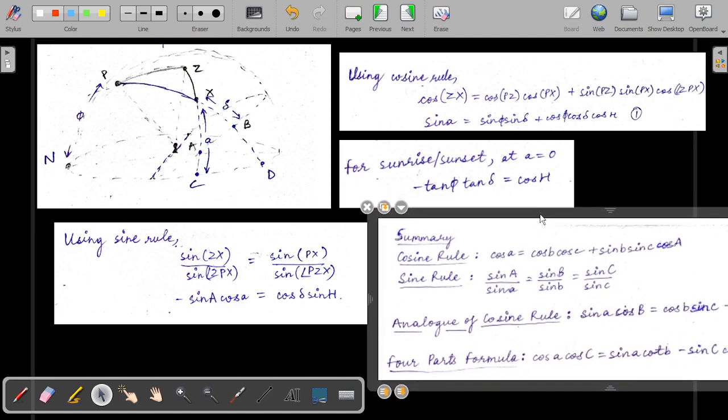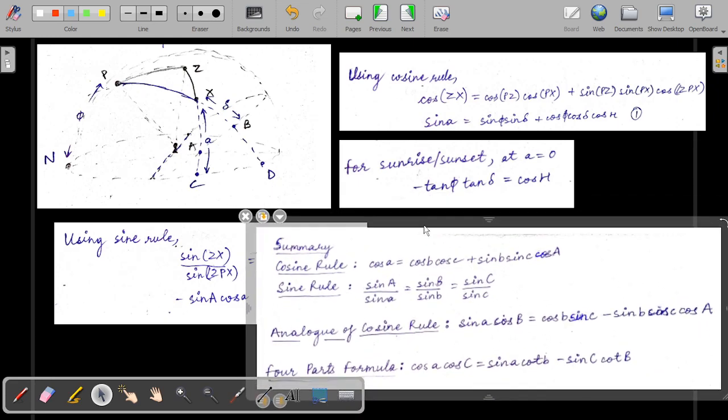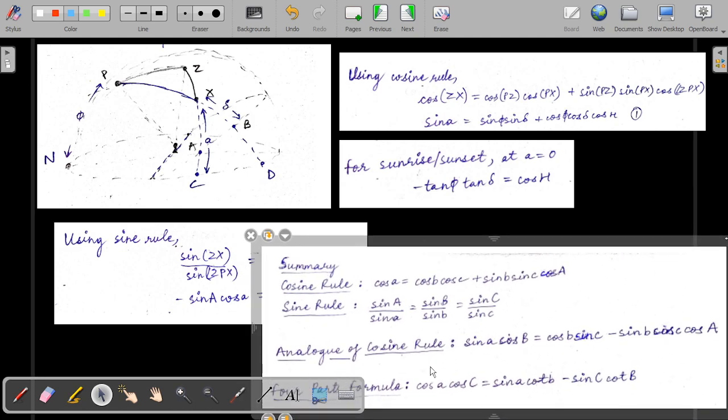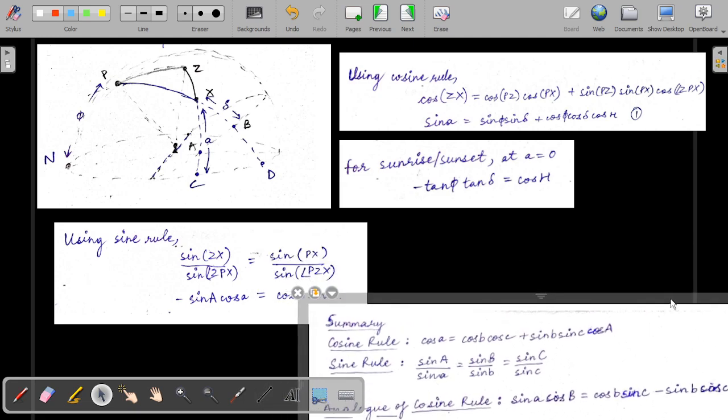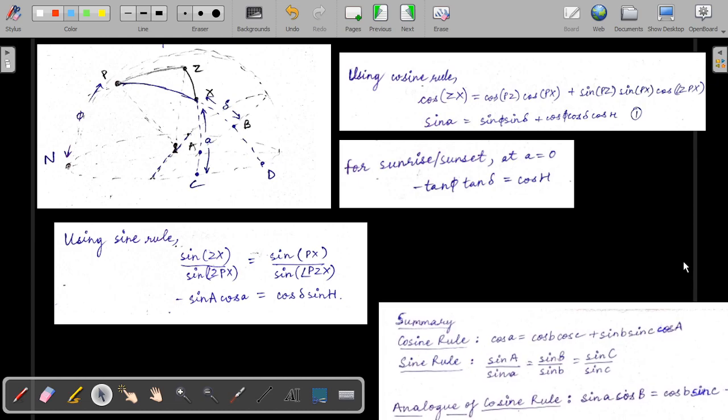Okay, so now getting back to the topic, what I want is that you should derive one more relation using the four parts formula or the cosine rule. One more relation between the coordinates of the equatorial system and the horizontal system, just for the sake of practice. Of course, this requires a lot of practice to master.